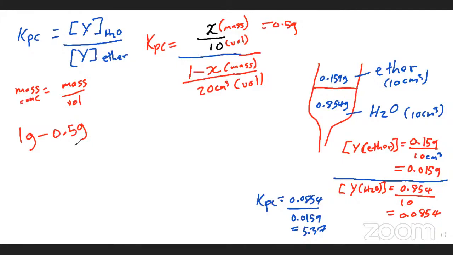Yes, sir. So that is why you have X there, and that is why we have to subtract X here. Any amount that is in the water layer, you are subtracting it from the total mass. So that is why it is 1 minus X. Oh, so I understand. So it's basically to equalize the amount of the unknown X amount in each liquid. Right.